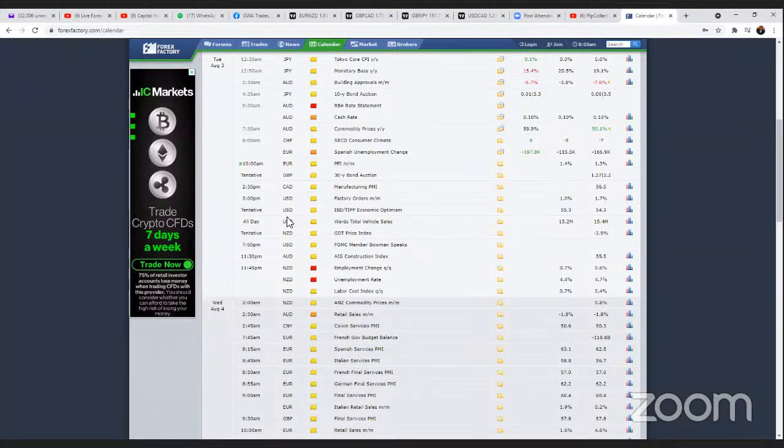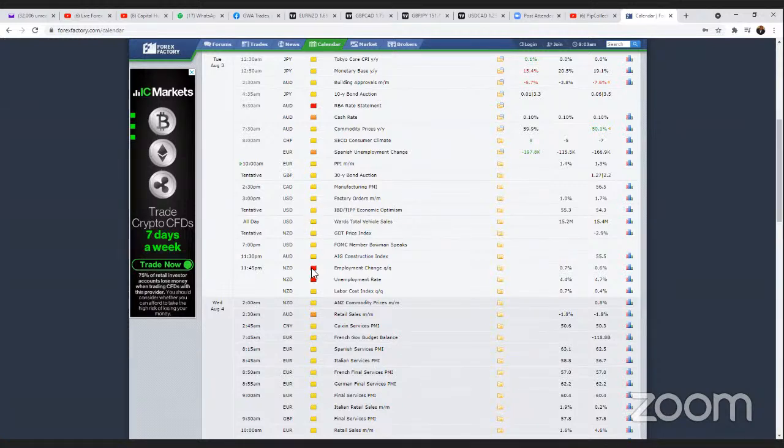So when these news events or reports are announced or take place, these yellow folder events are expected to move the news perhaps in a very little way or in no way whatsoever. That's why it says low impact.